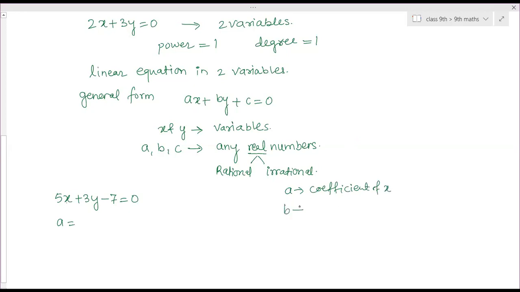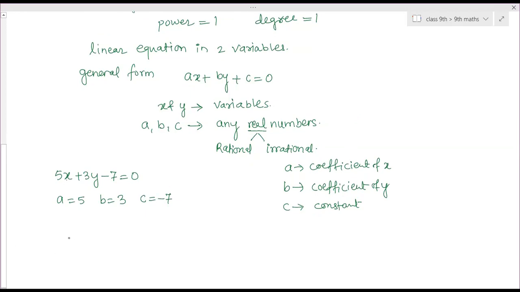What is b? 3, the coefficient of y. And what is c? It is a constant term which doesn't have any variable. So here a value is 5, b value is 3, and c is minus 7.